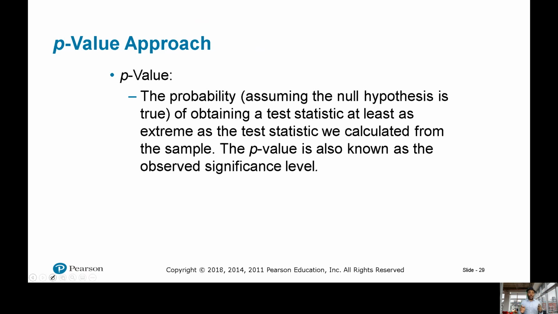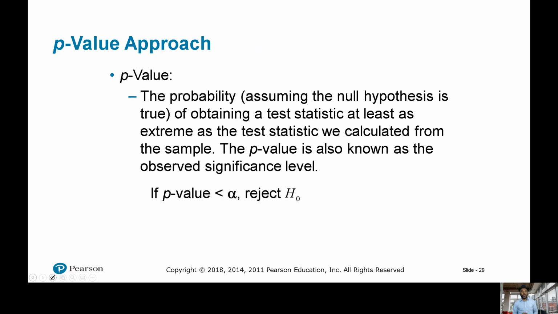And we've been computing the p-value for a very long time. Given z, determine the area. That area you've been solving for using Minitab or the table or the calculator is the p-value. It's the probability associated with the test statistic.